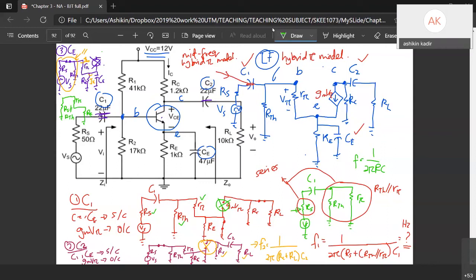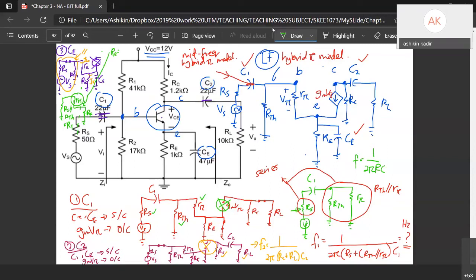So now you need to determine the equivalent resistance seen by RE, R pi. We can use the equation from the previous note. If you still remember, I labelled it as small e, which equals this resistance, RS parallel with RTH, which I labelled as R total.